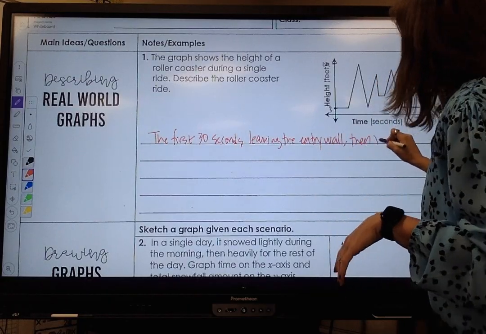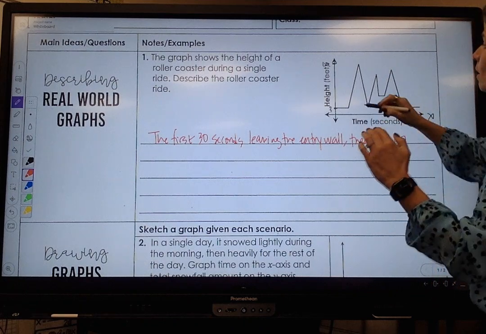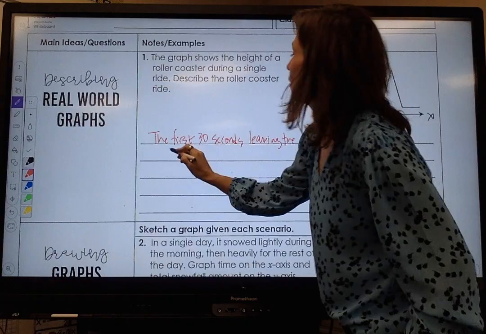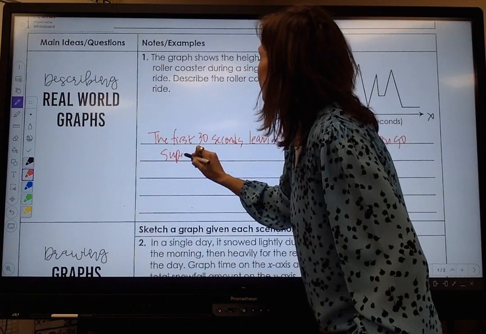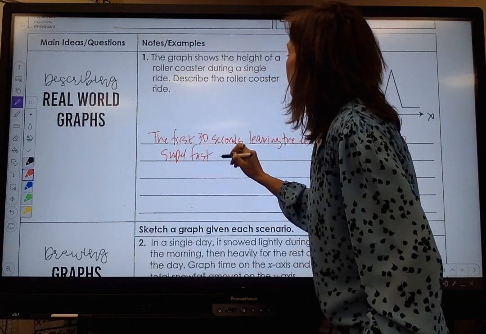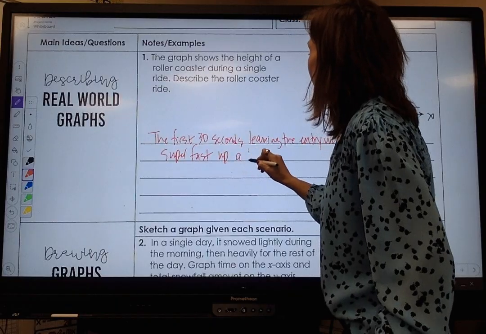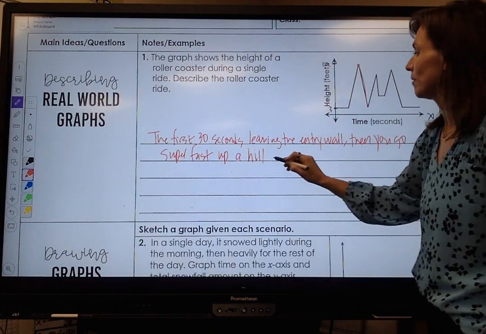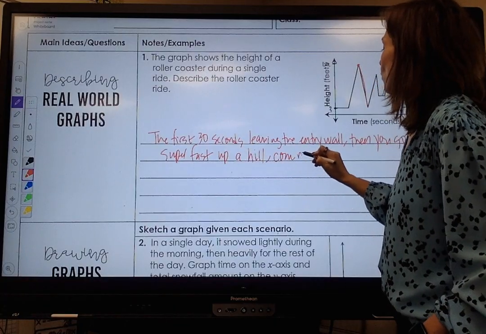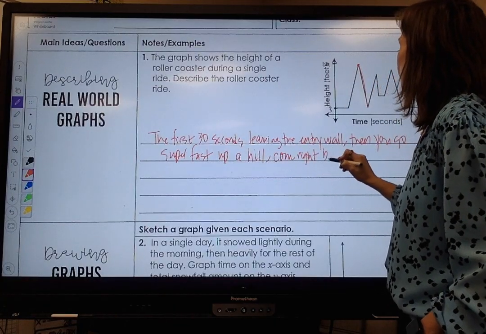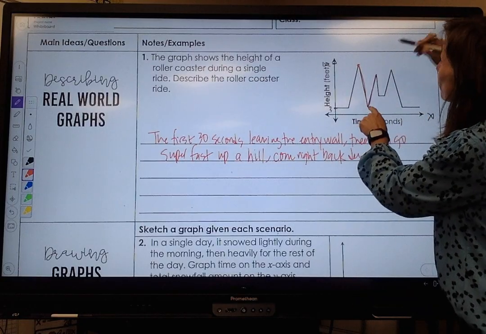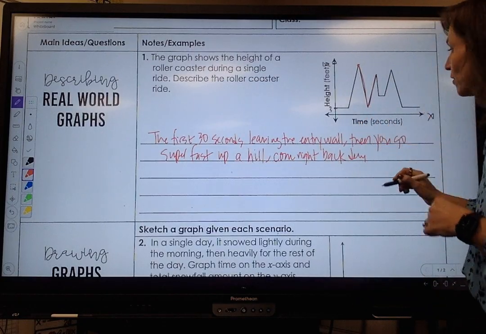Then you go up 97 feet or however many feet. Then you go super fast up a hill. And then you come right back down, only to go right back up again at a very fast rate.